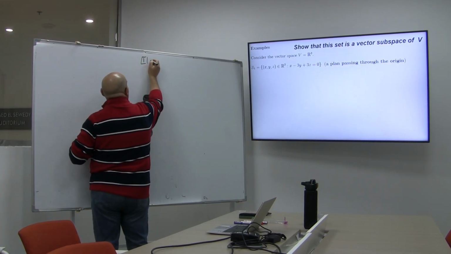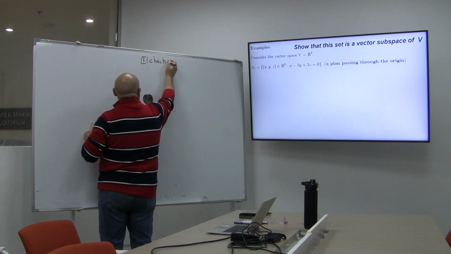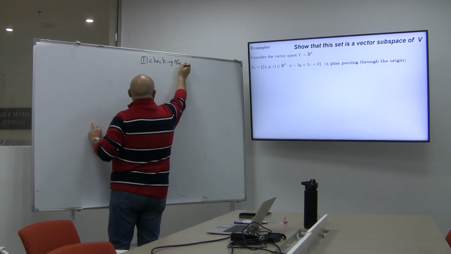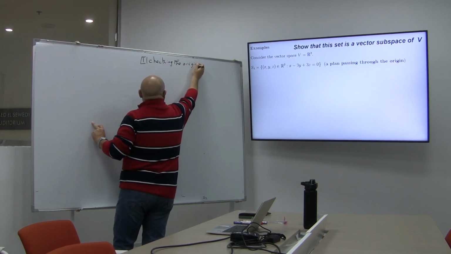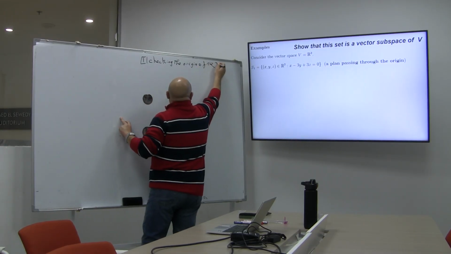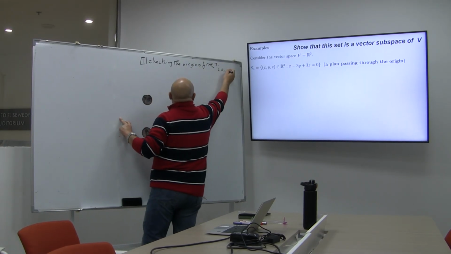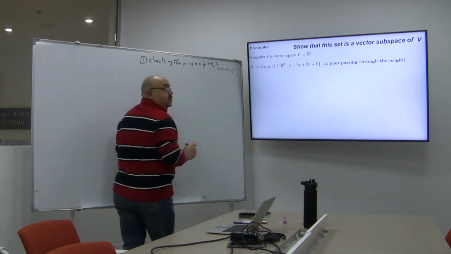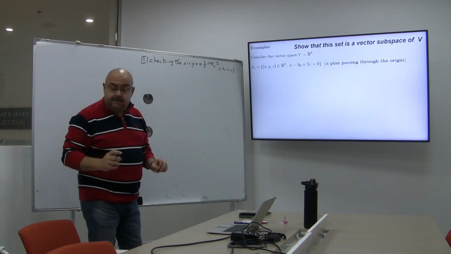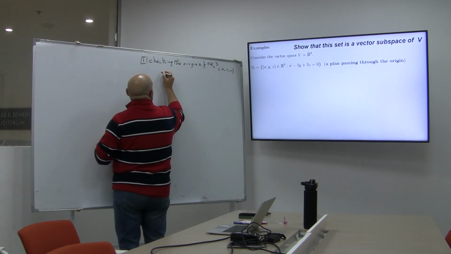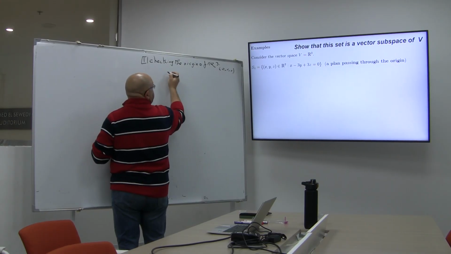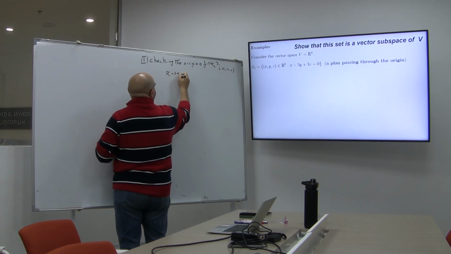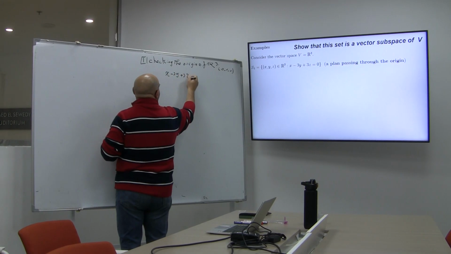First step, checking the origin of R3. What's the origin of R3? 0, 0, and 0. I write the condition: x minus 3y plus 3z.